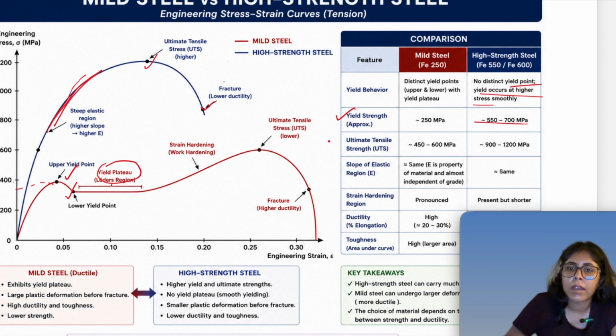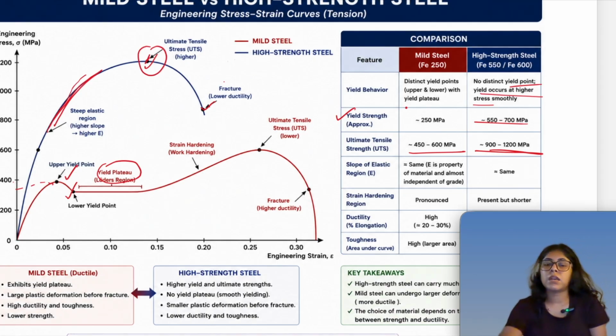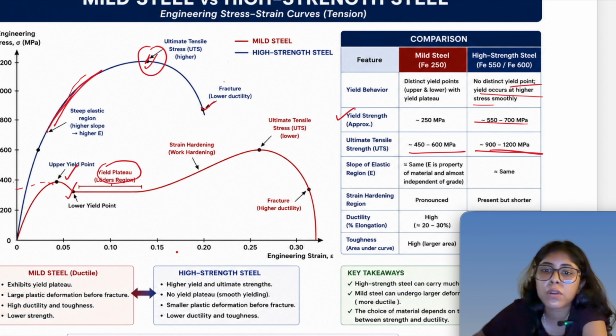The ultimate tensile stress for mild steel comes out in the region of 450 to 600, but for high strength steel it is 900 to 1200. That's why it's high strength steel, because it can bear loading up to very high values. These are in MPa. But deformation will not be that much.